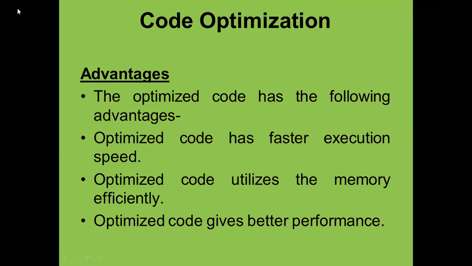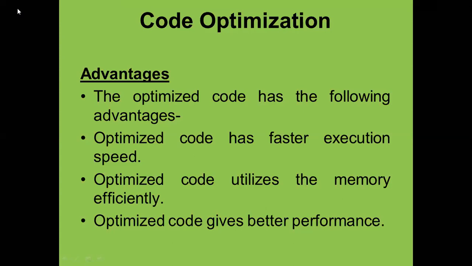It means speed enhances. Another thing, optimized code utilizes the memory efficiently. Whenever we use optimized code, it utilizes the memory efficiently, meaning less requirement of memory. These two factors have a direct interconnection: enhancement of speed and less requirement of memory.